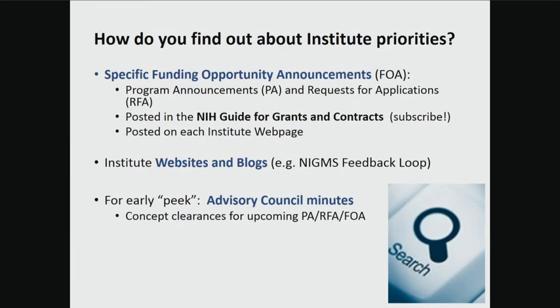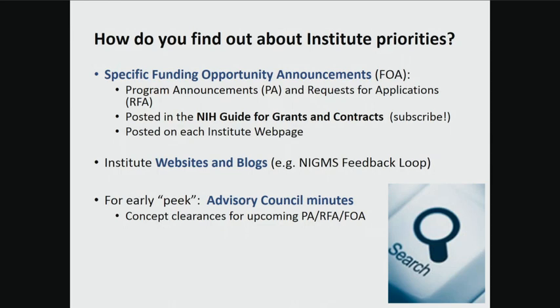It is not being done as a special program announcement, so the only way you'd know about it was through the NIH Guide, where it was announced, and through our blog. So that's worth subscribing to. You have to strategically figure out which institutes might be most relevant to you, and keep an eye on either their blogs or their website.